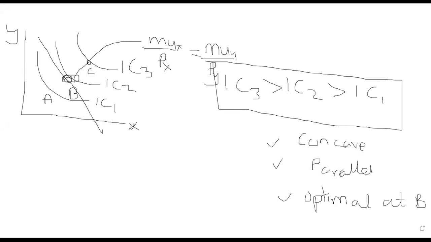It is subject to two equations. So we use what we call the Lagrangian function, where we have our utility function in terms of x and y plus our lambda times the budget: income minus price of x times x minus price of y times y.